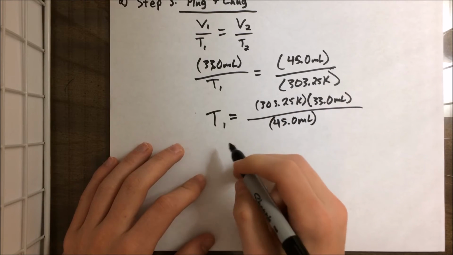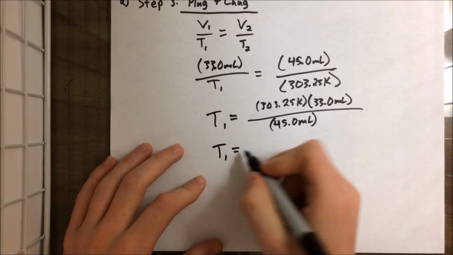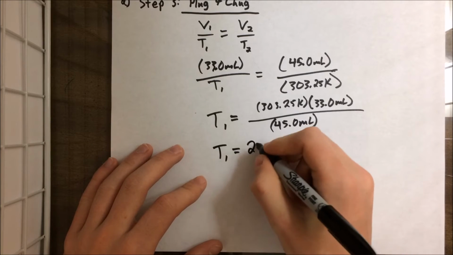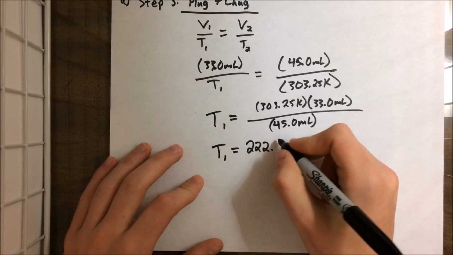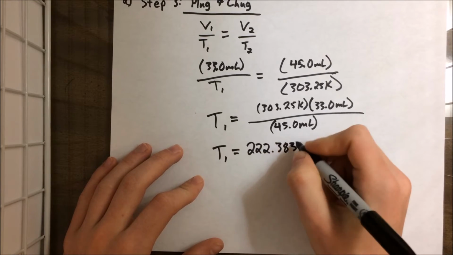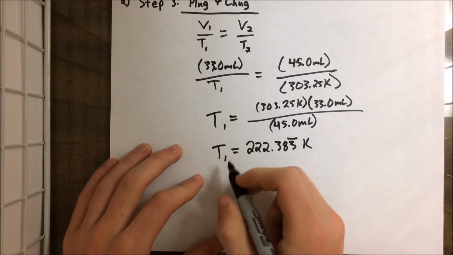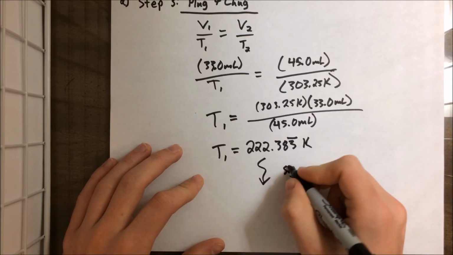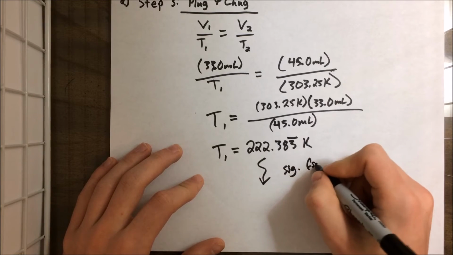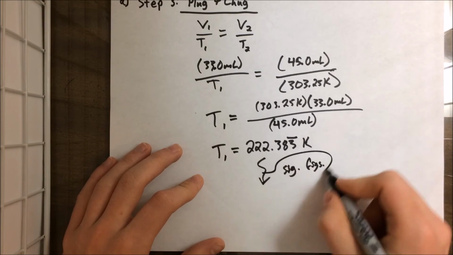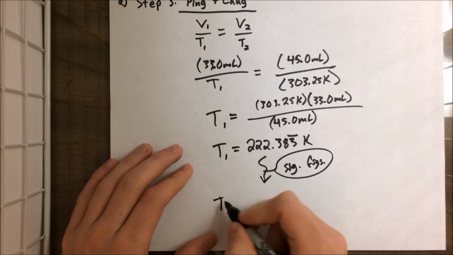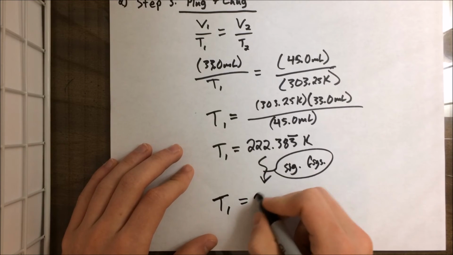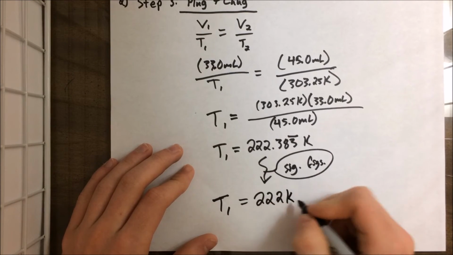Then we have the initial temperature is equal to 222.383 repeating Kelvin. Then we need to take into consideration the significant figures. With that, we get that the initial temperature is equal to 222 Kelvin.